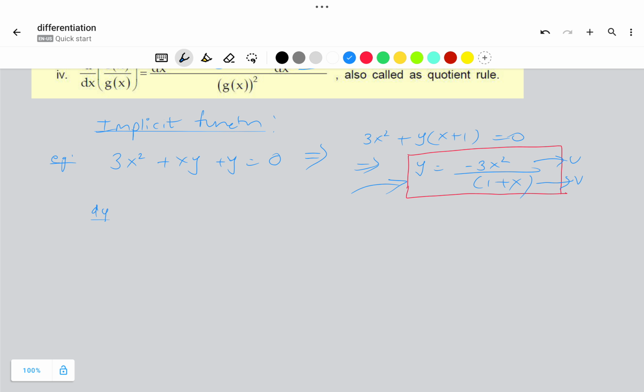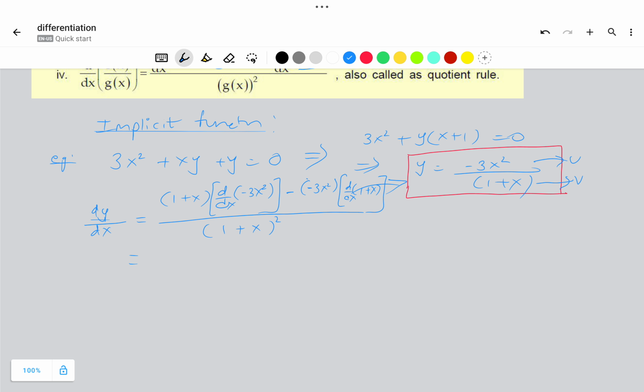So the derivative of y with respect to x, what would it be? First the denominator square, and then our denominator as it is. Then here we take the derivative of minus 3x square, and then a minus sign, and then our u as it is, which is minus 3x square, and the derivative of the denominator 1 plus x.